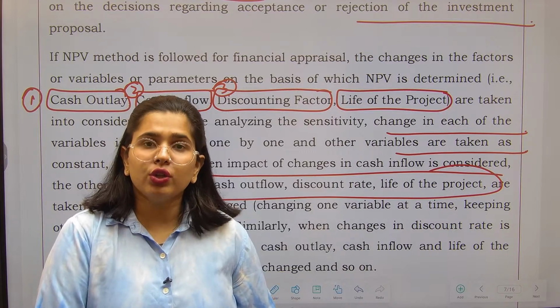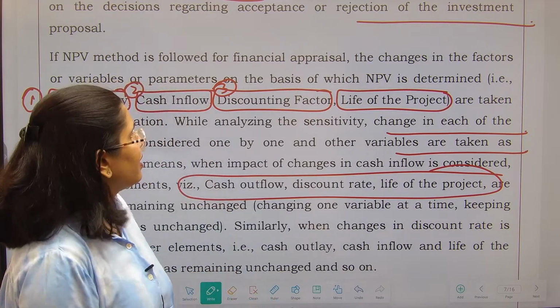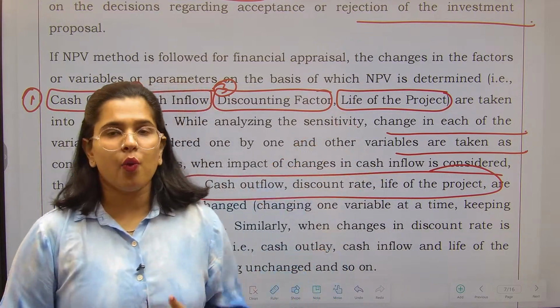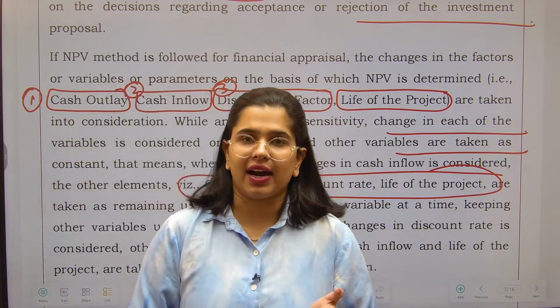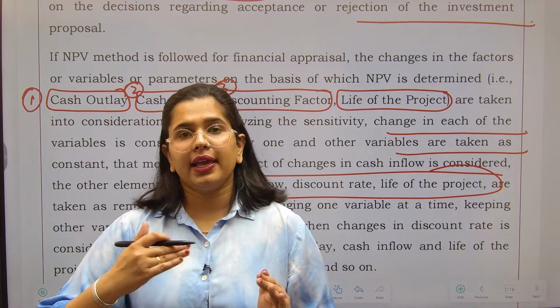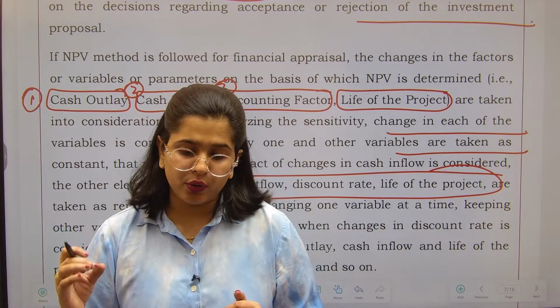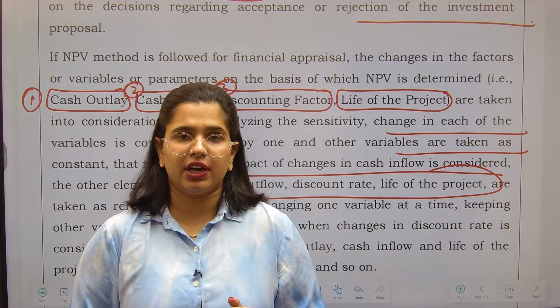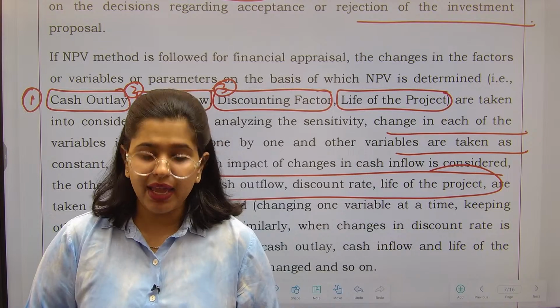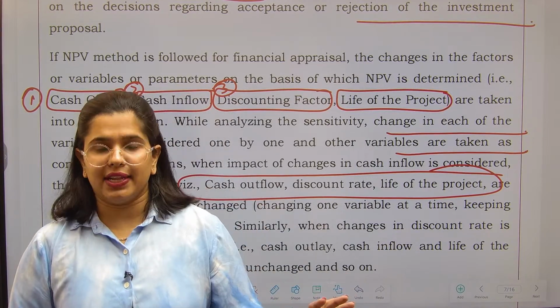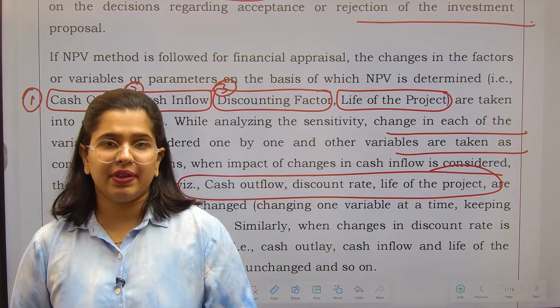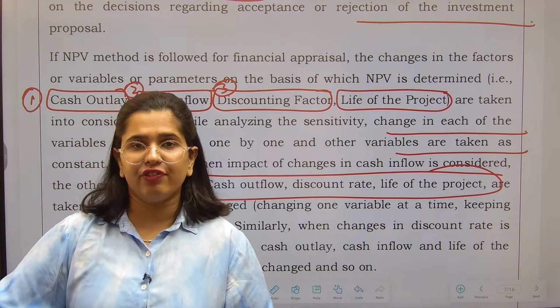I will show the changes only in one factor, that is the life of the project, and this is how one by one you will compute all the factors. आप सारे factors को एक एक करके compute करोगे. Okay, because of the changes in this particular factor, what has been the change in NPV, and that is going to show the sensitivity. So how much your project NPV is sensitive to changes in the life of the project.